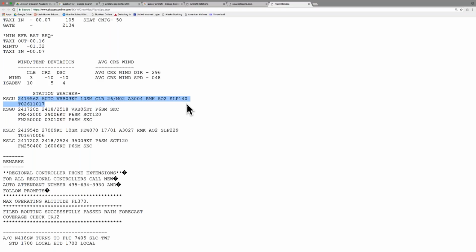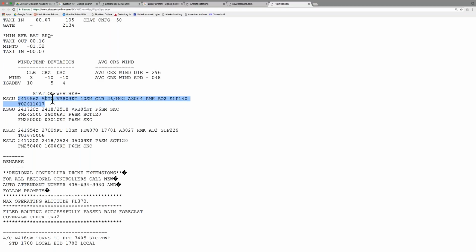Let's say an engine fails or an engine's on fire, or we have a bird strike and it shuts down an engine. Things like that. If there's an emergency situation and we can't land at the airport we just took off from, then we need a takeoff alternate.